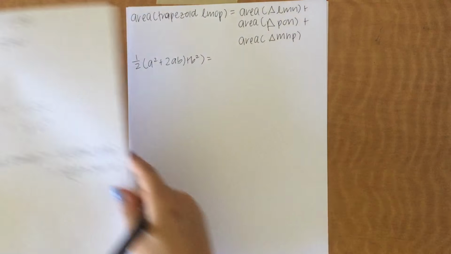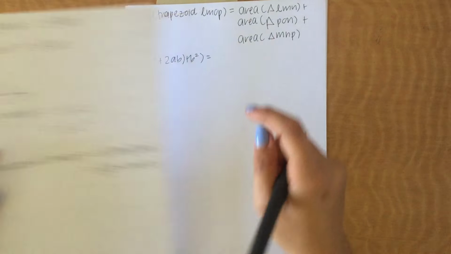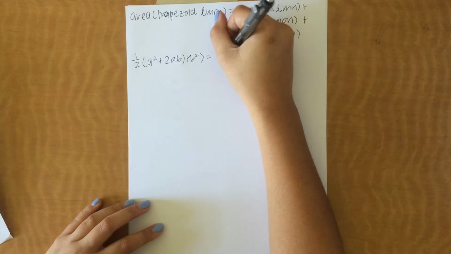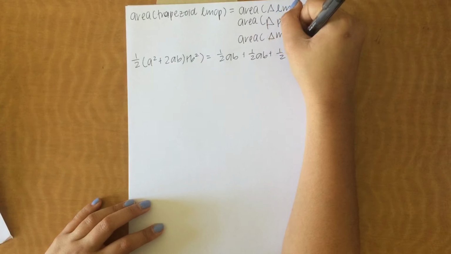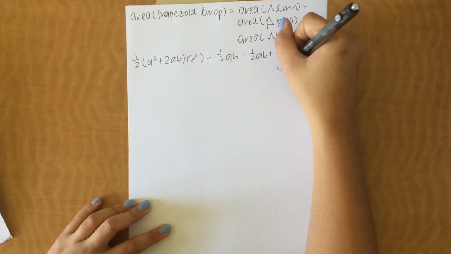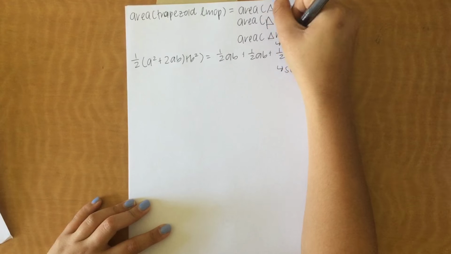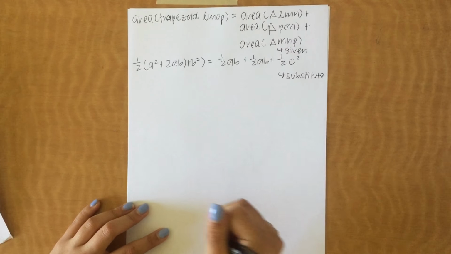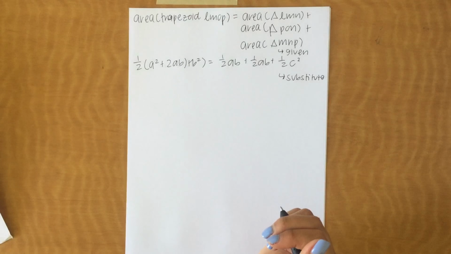And then the three triangles is 1/2 ab, 1/2 ab, and then 1/2 c squared. And this is just substitute. This is given. Okay. And then all we have to do is simplify.